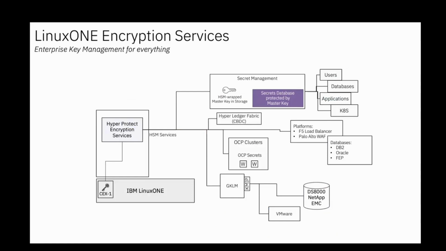When we bring everything together, one of my very initial slides was encryption services for the whole enterprise. So this is what I call something that will be useful for the whole enterprise. You don't need to have piecemeal solutions. You can use the encryption capabilities of one Linux one to service the whole enterprise.